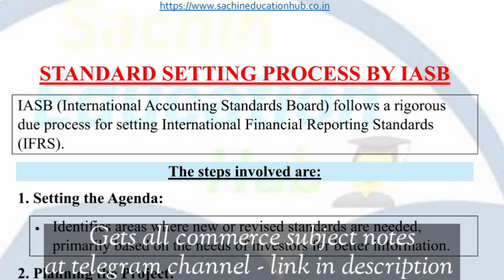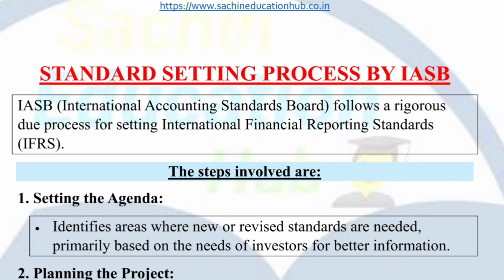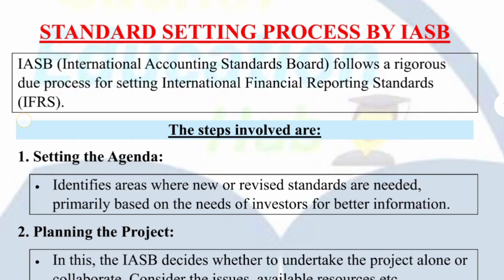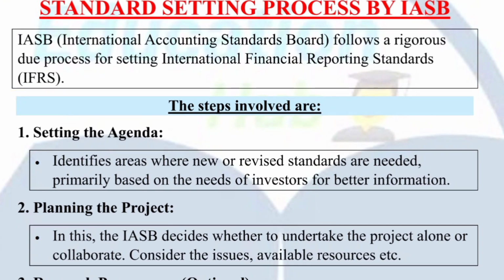Okay. So let us start with the very first point, that is setting up the agenda. It means the International Accounting Standards Board first identifies the areas that are very necessary for new as well as revised standards, and it is primarily based on the need of the investors, which helps them in getting better information.